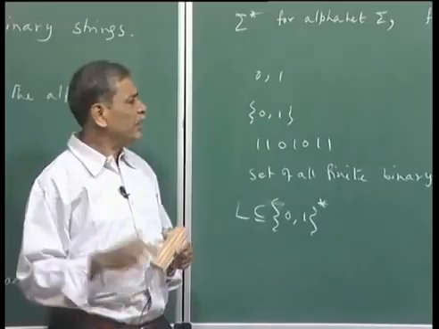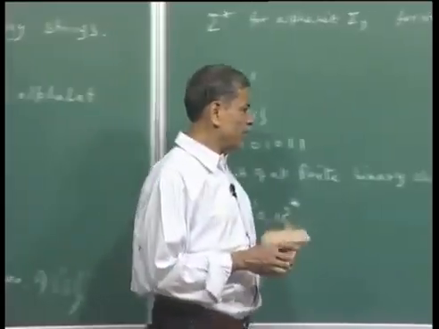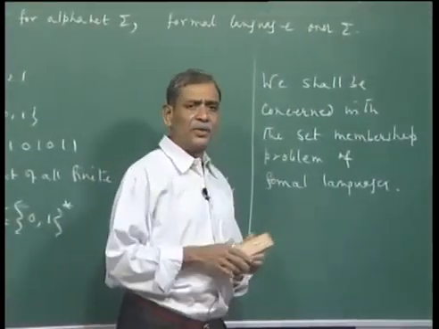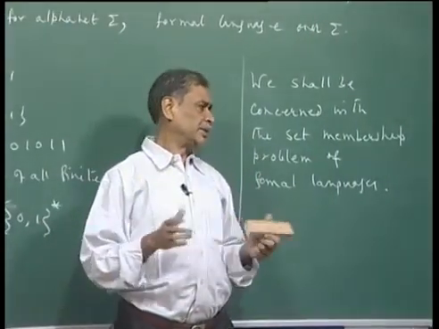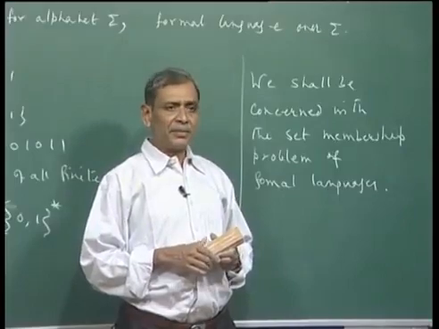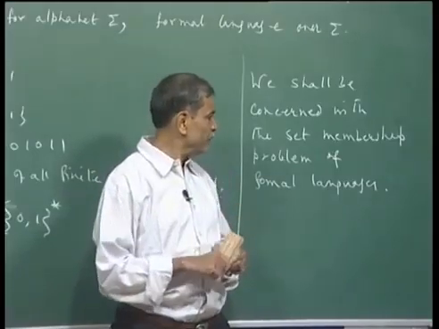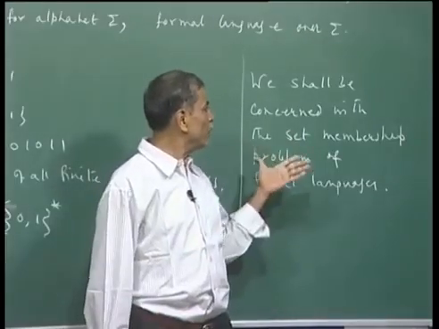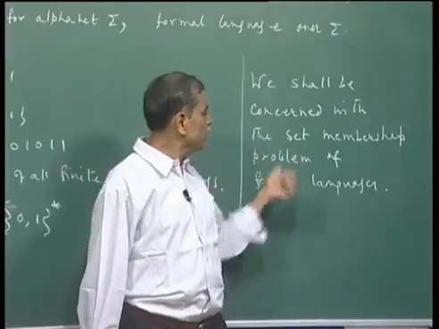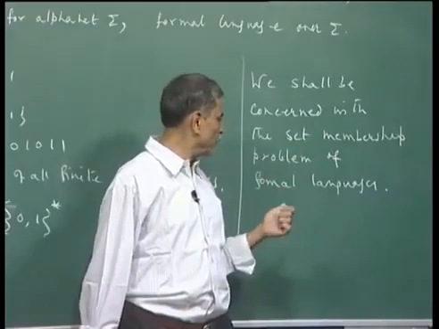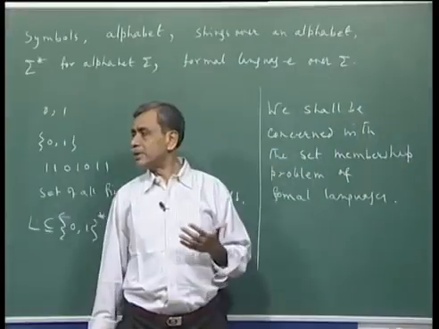Now, very briefly, although we had said the graph of a function can be seen as a set, what is the justification for restricting ourselves only to set membership problems of languages?